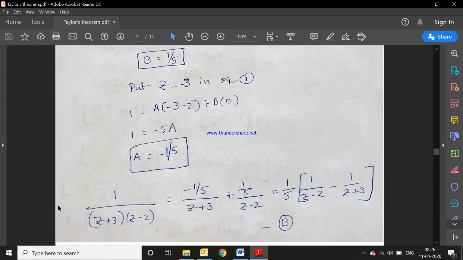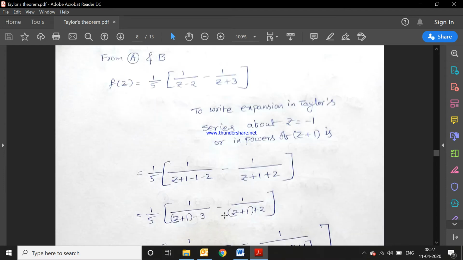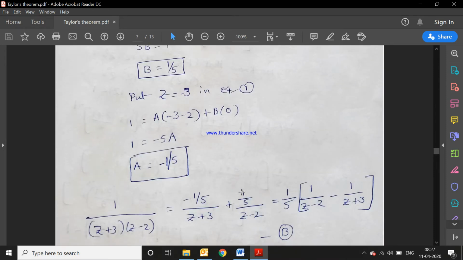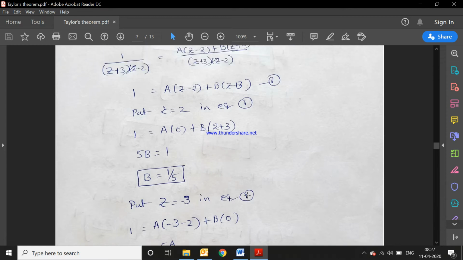Next, in 1 by z plus 3 into z minus 2, the value of a is minus 1 by 5. So minus 1 by 5 by z plus 3 plus 1 by 5 by z minus 2, taking 1 by 5 common. Now write the positive term first: 1 by z minus 2 minus 1 by z plus 3.